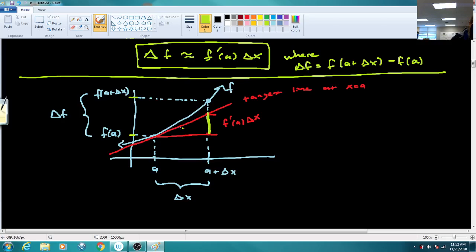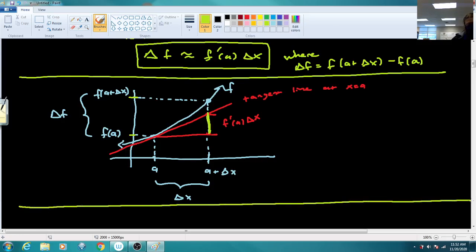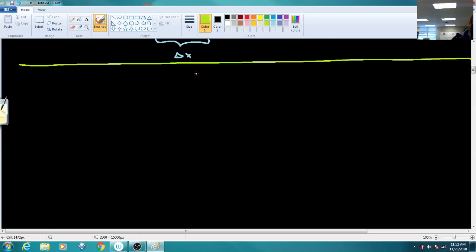So the smaller the gap is, the better the approximation is. So that's kind of what we're doing. We're using this f prime of a delta x, this little bar here, to try to represent the overall change in f.